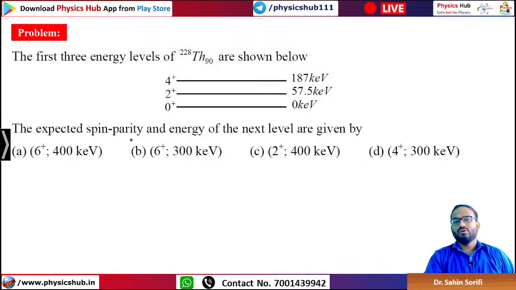So you find the closest one. It may not come exactly, but you can find the closest one. Quickly do.